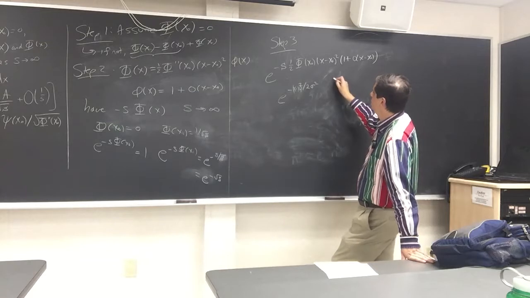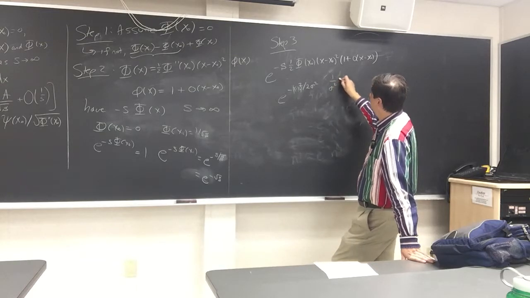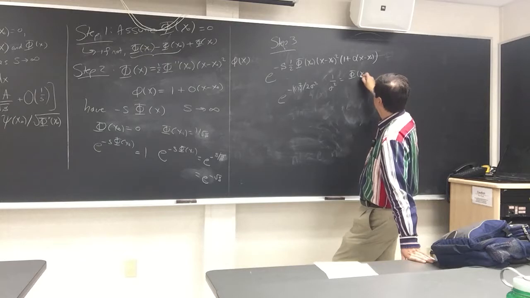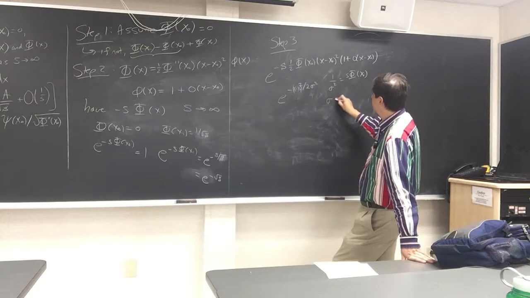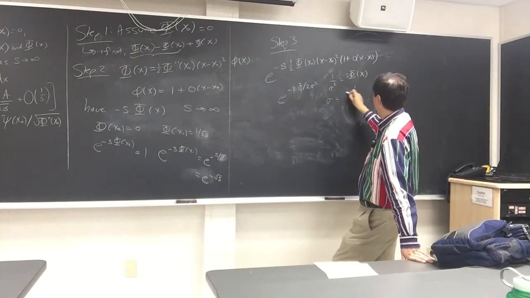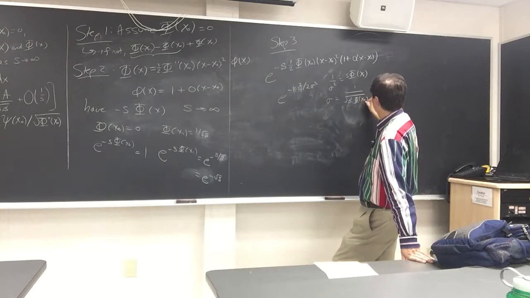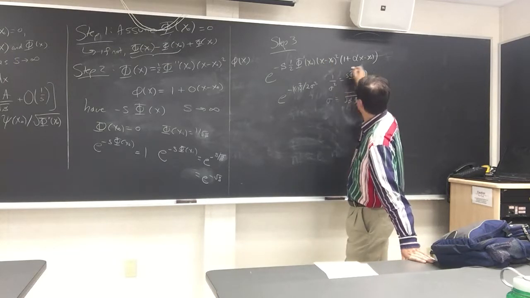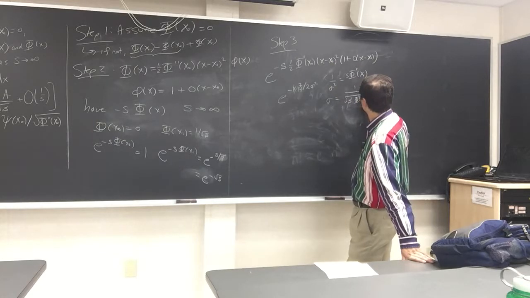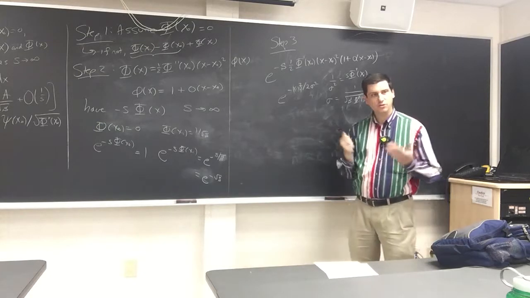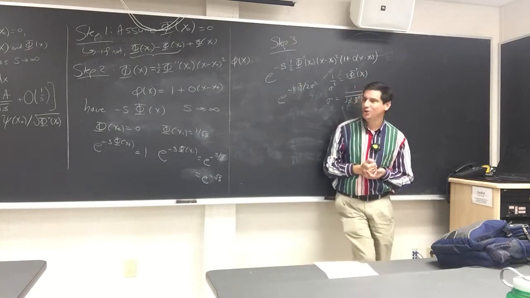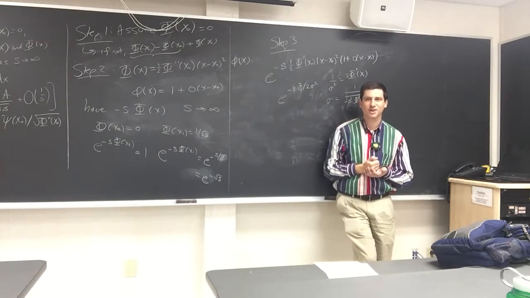If I'm doing it like this, then I would have to have 1 over sigma squared equal to phi of x naught times s. So the variance is looking like 1 over s phi of x naught. Oh, and this is, I think, the second derivative. So it's looking like a Gaussian with variance 1 over s phi double prime of x naught.